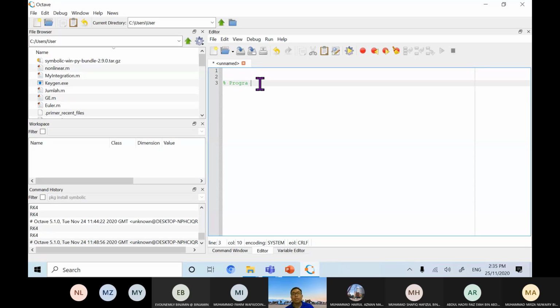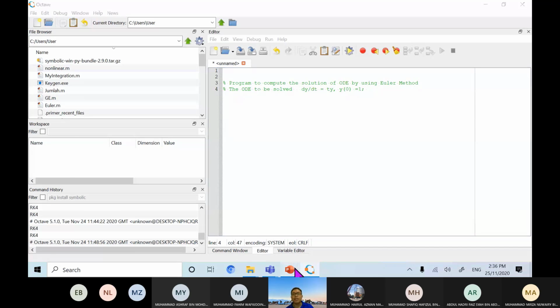Let's say the program to compute the solution of ordinary differential equations by using Euler method lah. Okay. And I will put the ODE to be solved. Equation dia adalah dy over dt is equal to t times y, where when t is equal to 0, the y is equal to 1.